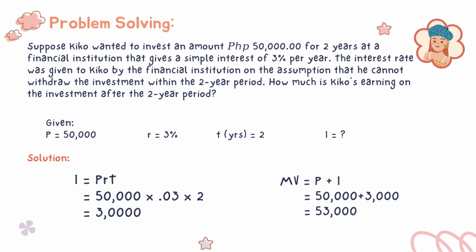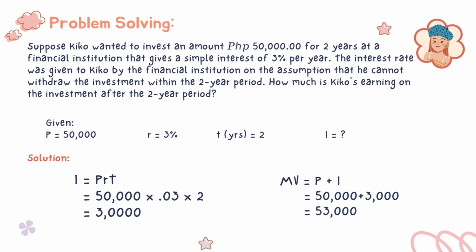Ang gipangutan naman diri kay how much is Kiko's earning. So, ang iya earning, when we say earning, ang iya ginansya, ang iya profit, ang iya income. But when we say maturity value, amoy na siya ang total amount nga ma-receive ni Kiko if ma-withdraw na niya after 2 years.